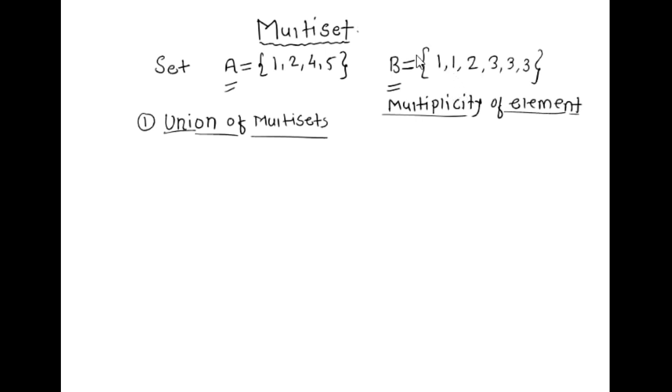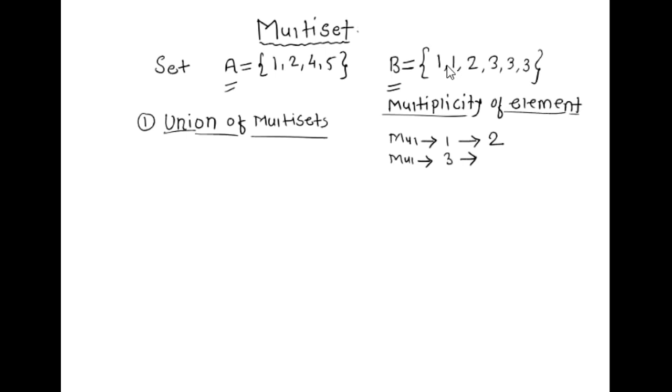For example, if we consider B as one multiset, and if you want to find out the multiplicity of element 1, so multiplicity of element 1 is 2. Why? Because element 1 appears twice in the multiset. Then what is multiplicity of element 3?